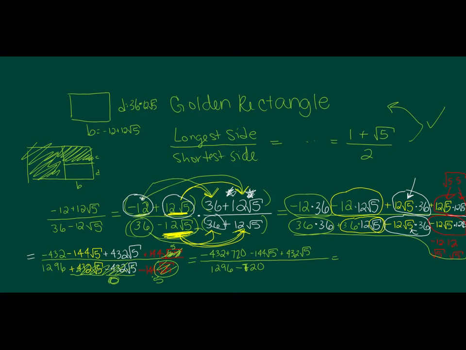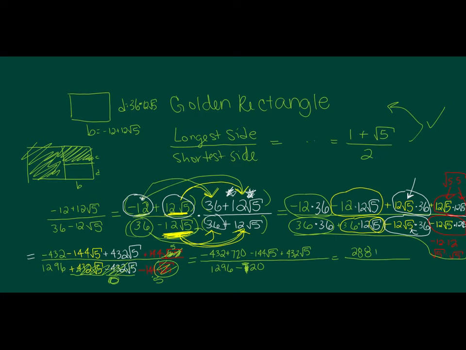So we combine any like terms. All right, rational numbers can be added or subtracted, and irrational numbers can be added or subtracted together. We're going to do that now. So starting in the numerator, as usual, we'll do negative 432 plus 720 to get 288. That's a positive 288. We're doing negative 144 plus 432.